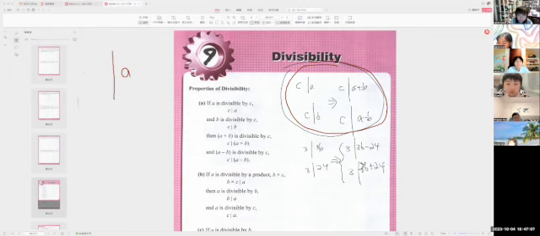If a number is divisible by B times C, then this number is divisible by B, and this number is also divisible by C. What example? Everybody, do you want to make an example by yourself? It's going to be very helpful for you to remember all those concepts.